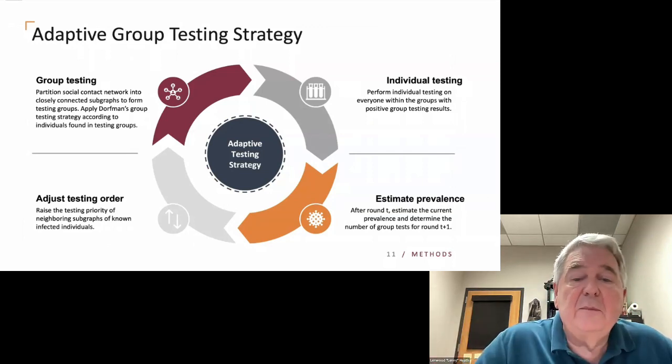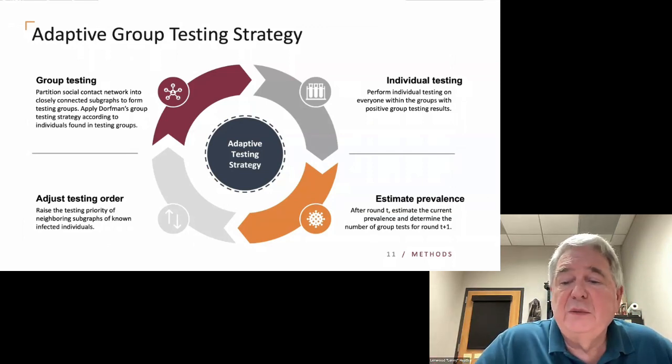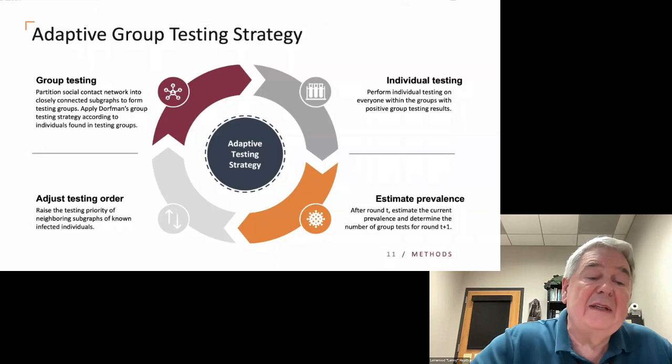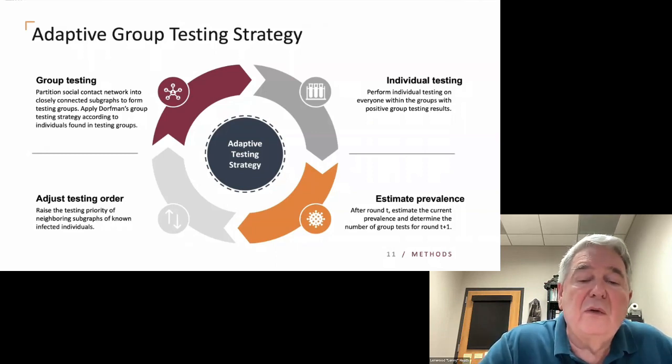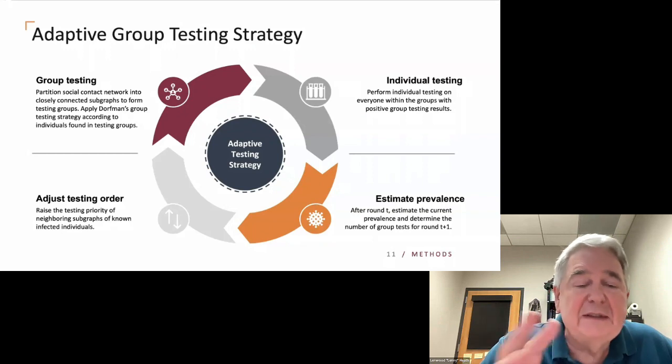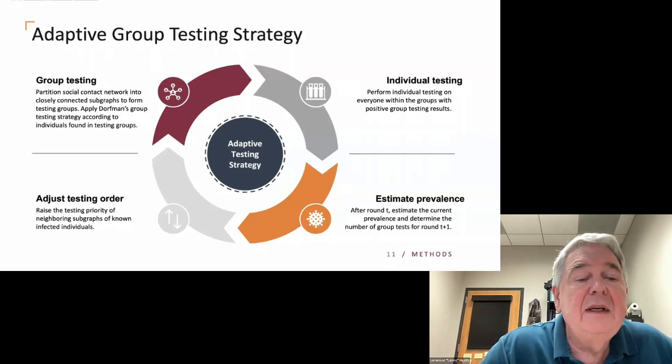If there is a positive result, we'll do individual testing. At the end of individual testing, we'll estimate the prevalence that will happen in the next round and use that to adjust who we're testing. So we'll go around this circle doing testing every time, aware of limited testing resources each day and a need to adjust who we test from day to day.